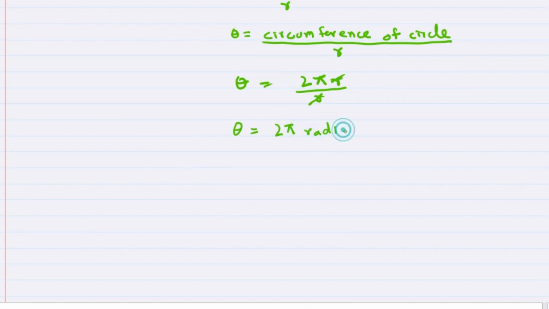This S is equal to R theta is only valid in the case of the radians. So now we have 1 complete revolution is equal to 2 pi radian.